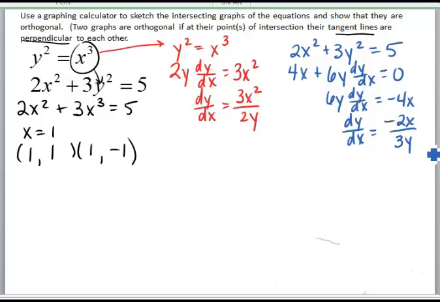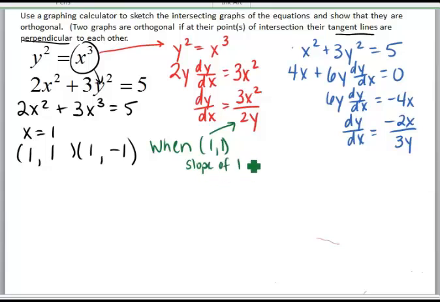Now, in order to figure out if their slopes are negative reciprocals of each other, we need to actually figure out what is the slope at (1, 1) for each of these. So, when we're talking about the point (1, 1), the slope of the first curve would be 3 times 1 squared over 2 times 1, or 3/2.